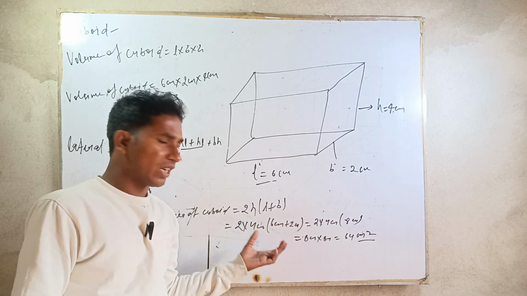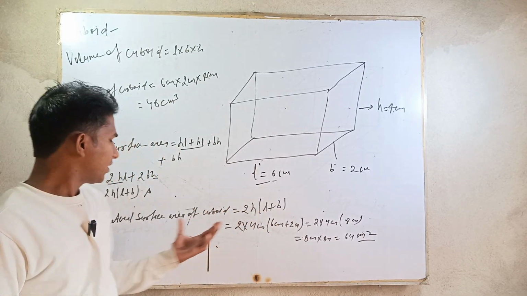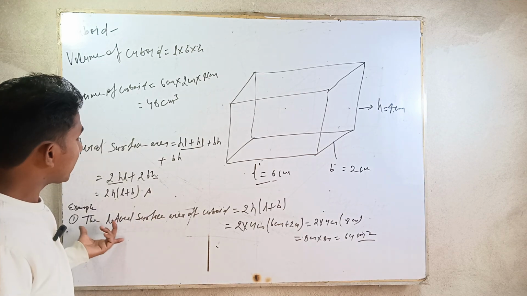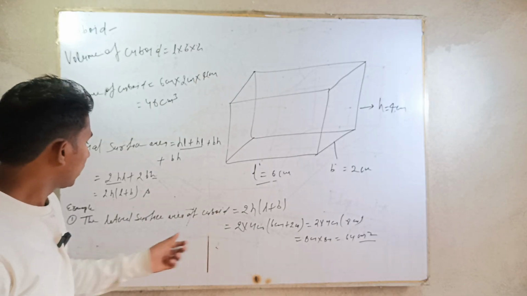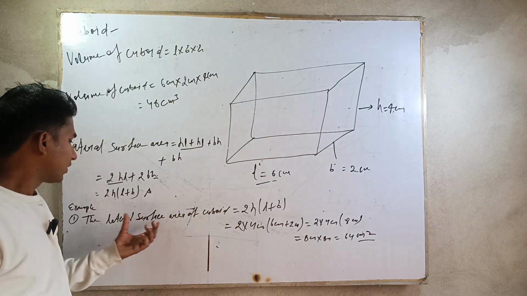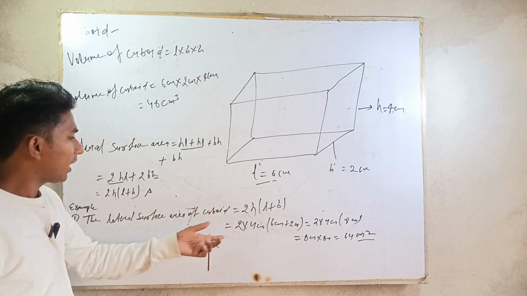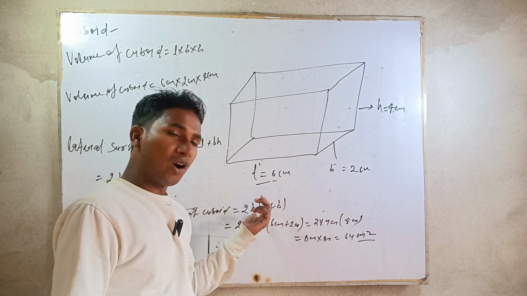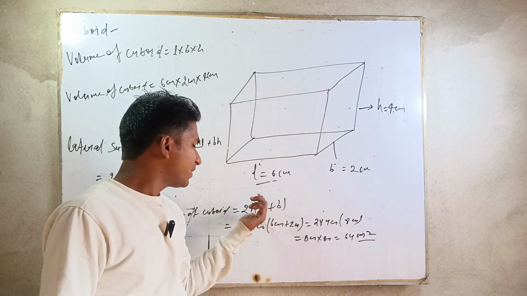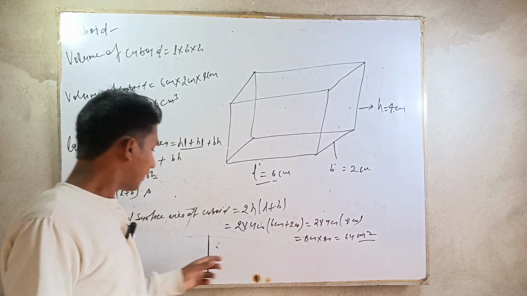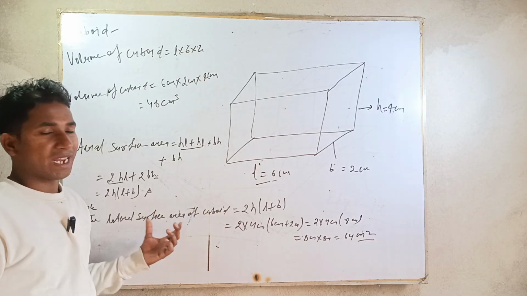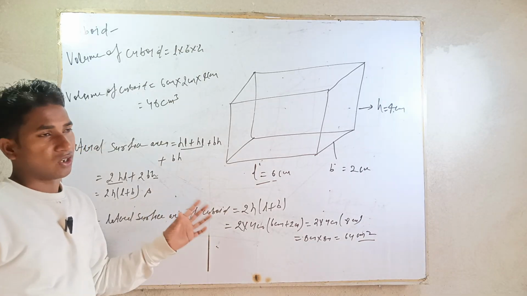I will put the value of the lateral surface area in the formula and replace the value of everything, and whichever thing is missing I will leave. Then if I solve, its value will come out.